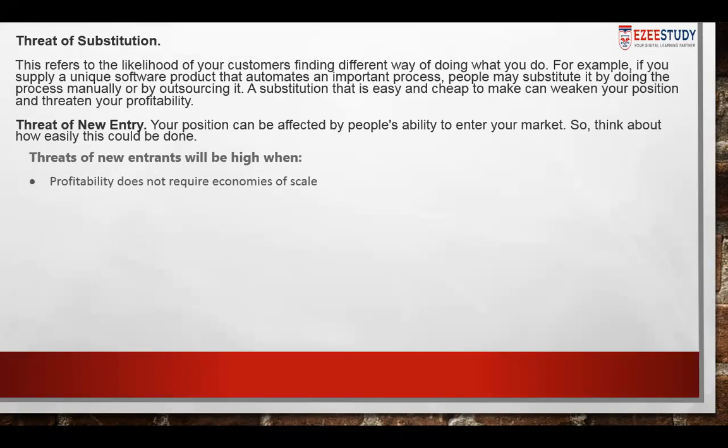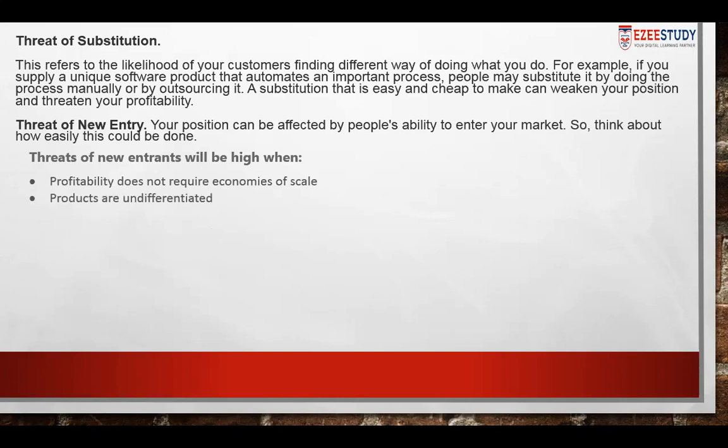So when you need mass production to make profits, so that it costs you less on a per unit basis, because the fixed cost is divided over many units, and in order to get the lowest cost per unit you have to produce in numbers, then it's difficult for new entrants to enter the market.